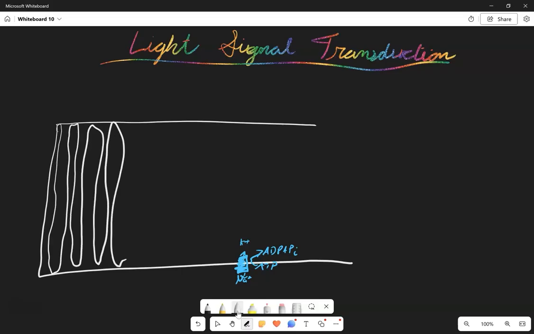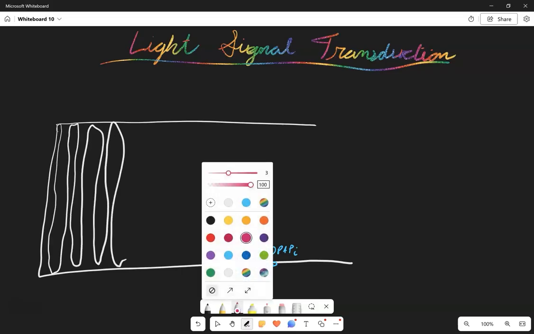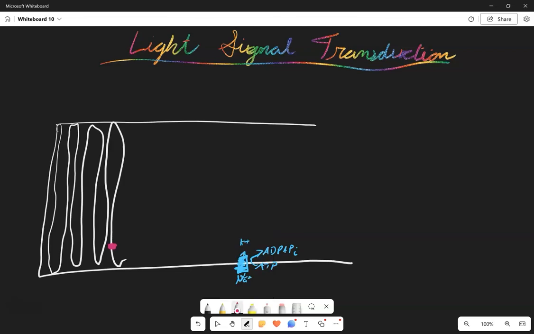And on those folds are going to be some molecules known as rhodopsin. I'm just going to draw a couple of them, but this is sort of studded with them. So this is what we call rhodopsin.